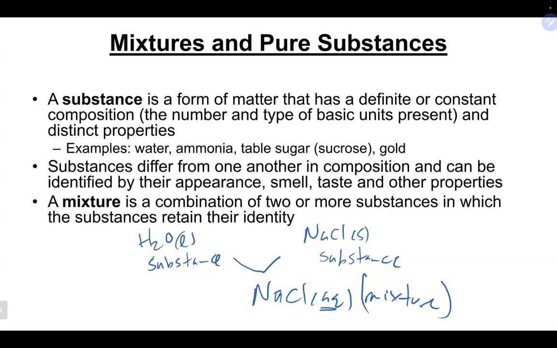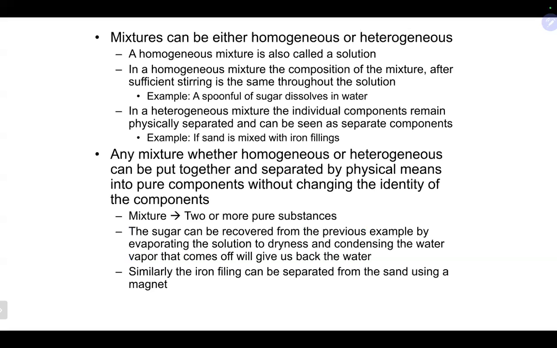There's different types of mixtures. Two major types of mixtures that we talk about are homogeneous and heterogeneous mixtures. A homogeneous mixture is like the saltwater example. You basically mix it, and after sufficient mixing, everything looks the same throughout. So it looks like one phase, or one layer.